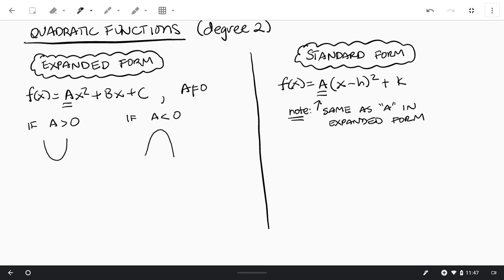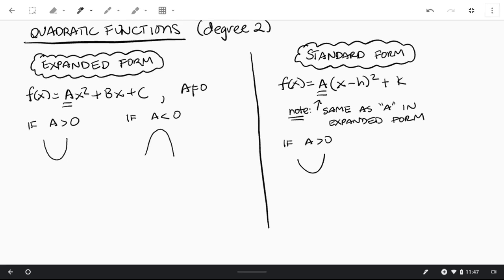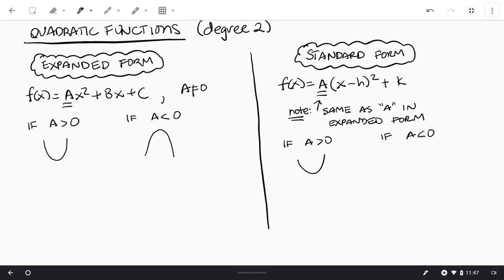Therefore, if A is positive, you will have a parabola that opens upward. If A is negative, then your parabola will open downward.